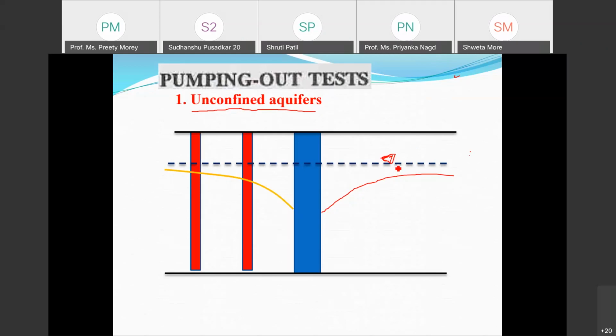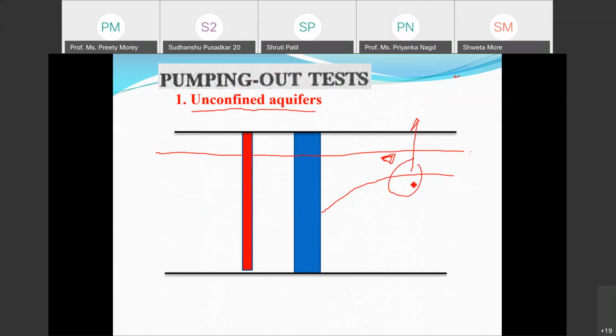Hence it is an unconfined aquifer. If I have a rock mass at the top here, and the water is not going outside this well, then definitely this will be under certain pressure. That is called a confined aquifer. That we'll see separately.